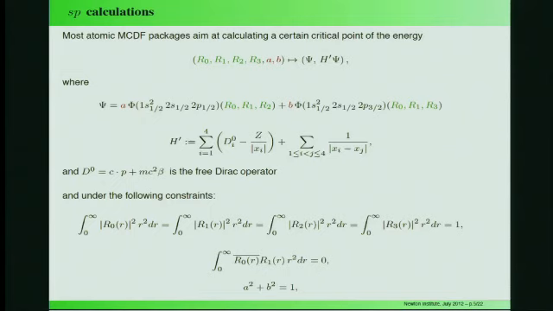So you need that R0 and R1 are orthogonal, and then you normalize also the coefficients A and B. So this would be a multi-configuration Dirac-Fock computation. You take this energy with this notation, you take these conditions on the R's and on the coefficients A and B, and you try to minimize analytically or numerically. Okay, so this you would want to do.